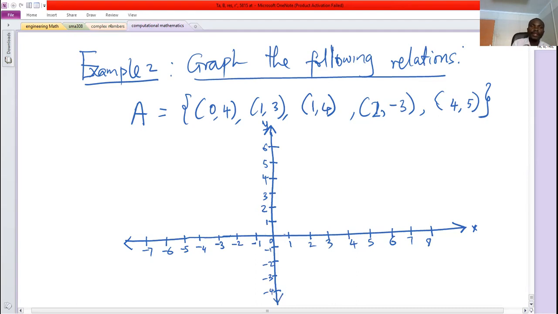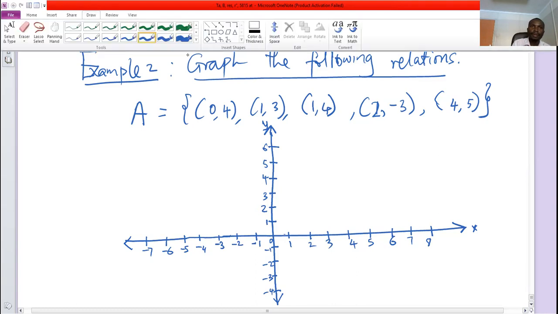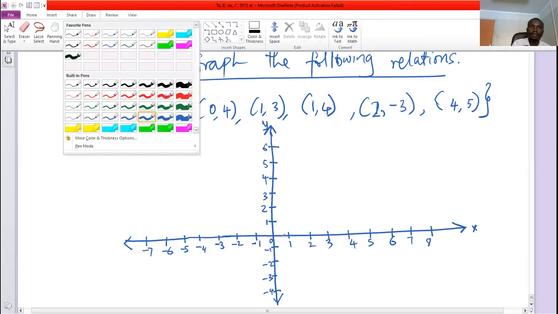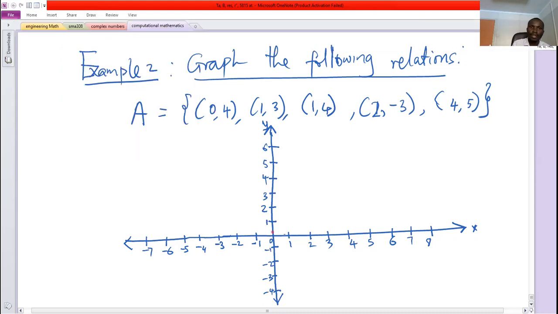So once you have drawn the XY plane, now let's identify the points. (0, 4) means X is 0, Y is 4. So this is (0, 4).